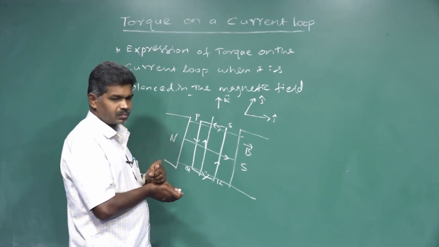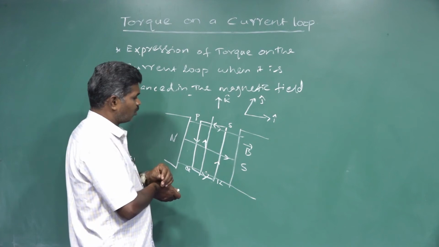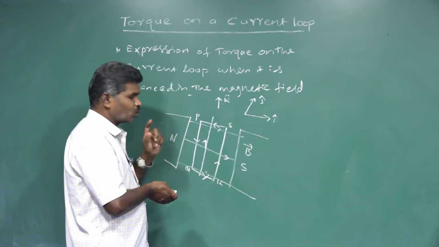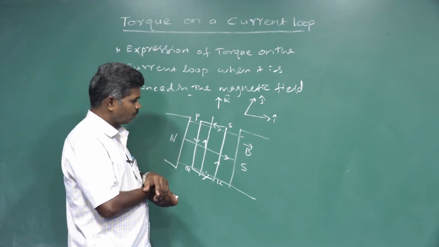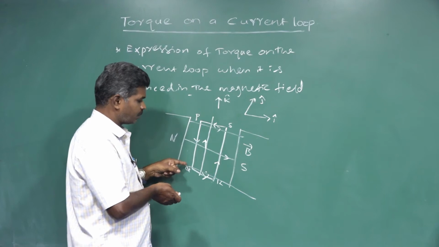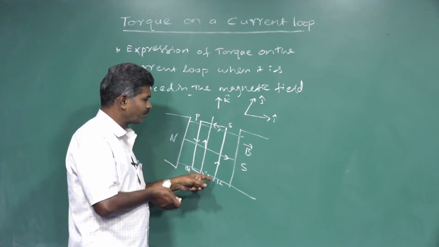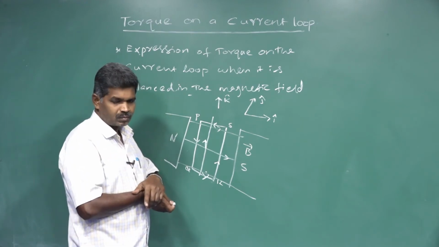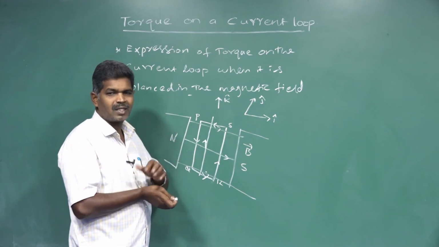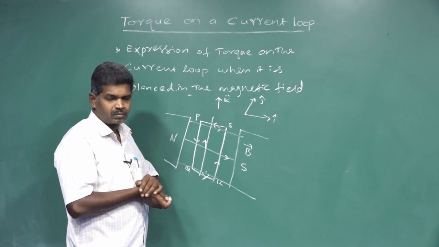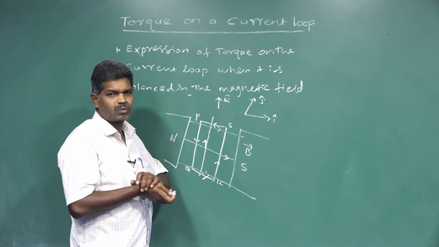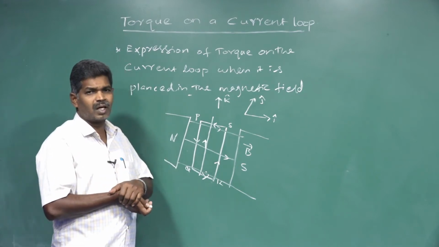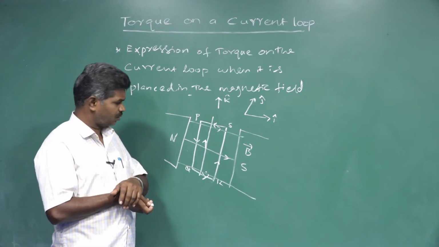Each part experiences a force due to the magnetic field when you pass current through the loop. So we are going to calculate the force on the PQ side, QR side, RS side and SP side. For any current loop placed in a uniform magnetic field, we are going to prove the net force is 0. Even though the net force is 0, there is a torque.